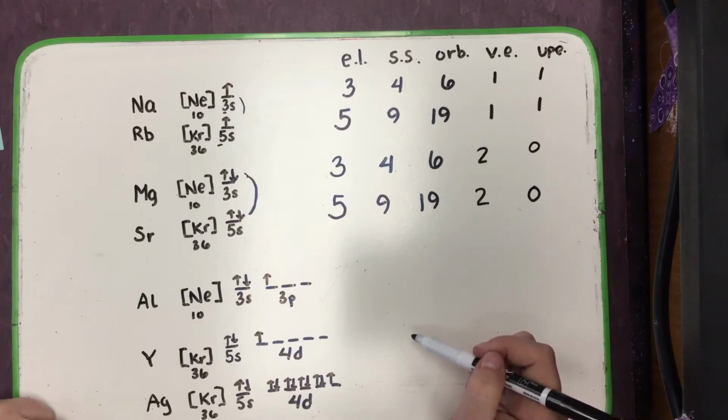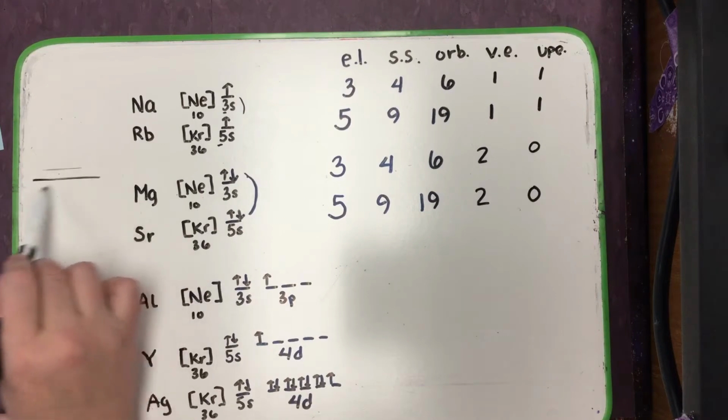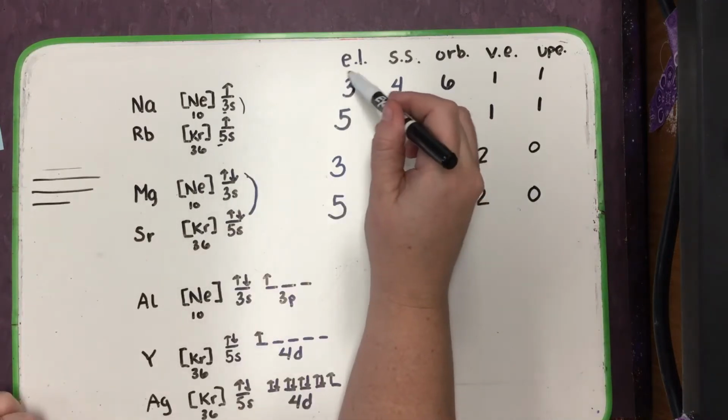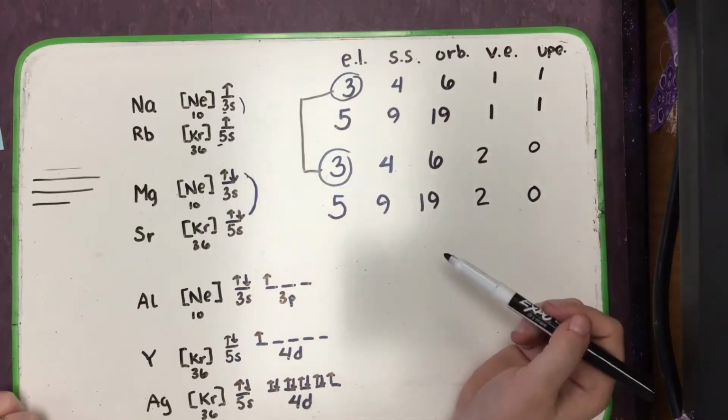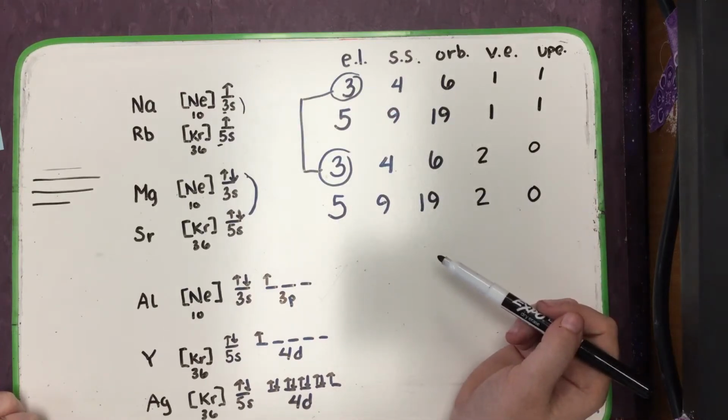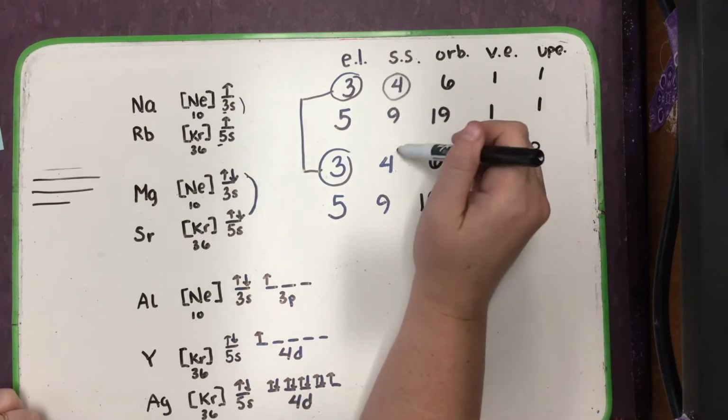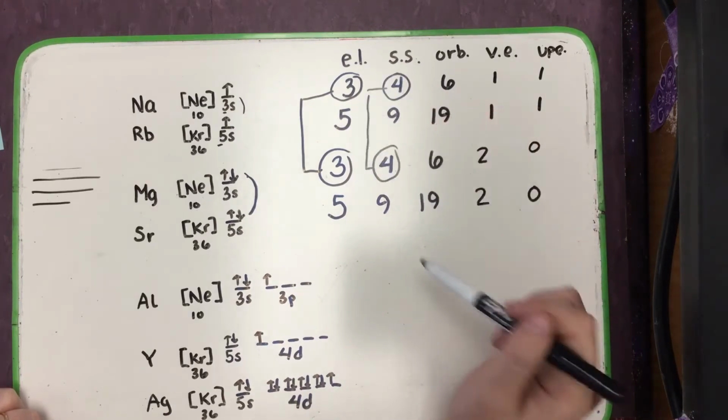So if we compare elements that are in the same row across the periodic table, we notice that the energy levels are the same. If we compare elements that are within the same region within those rows, the subshells would also be the same.